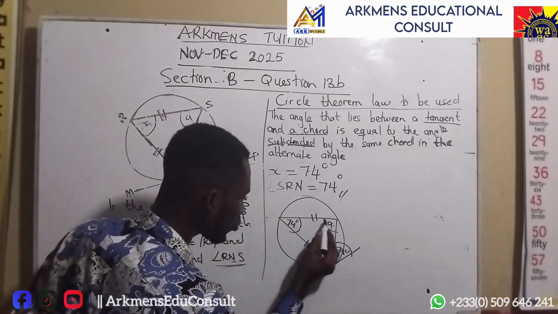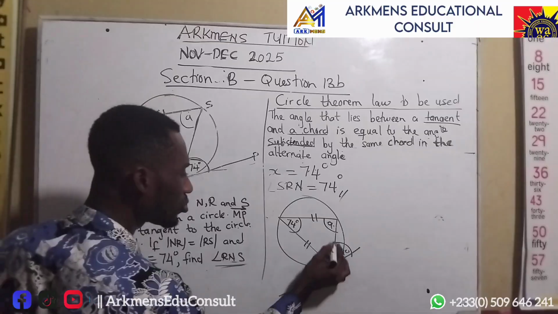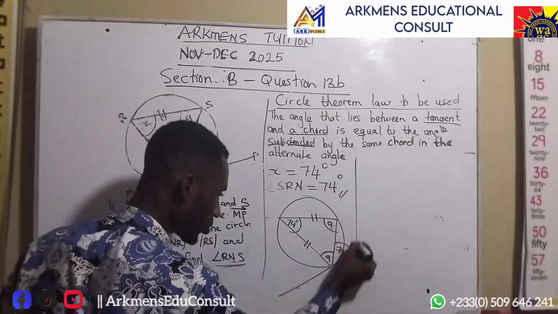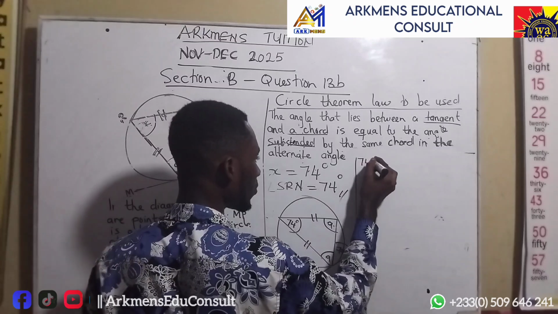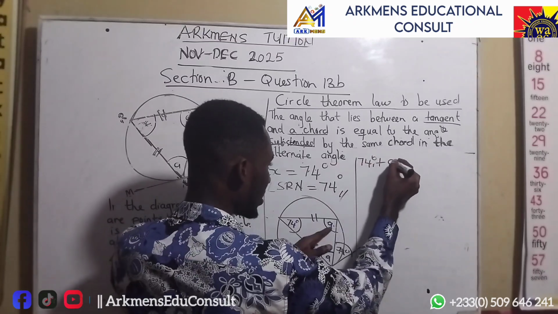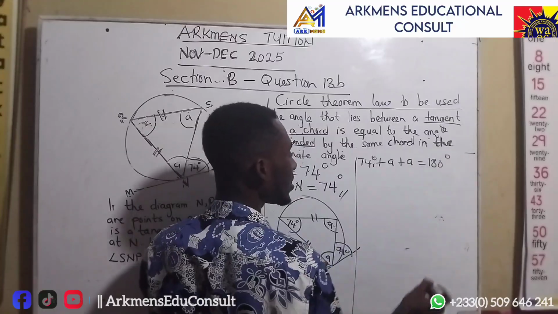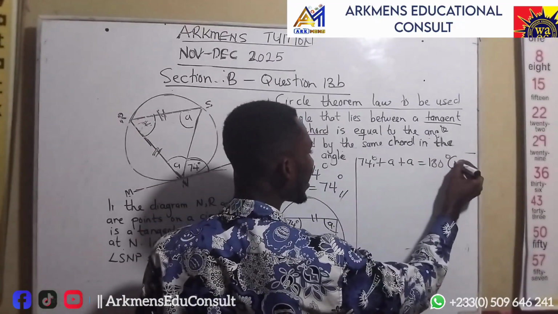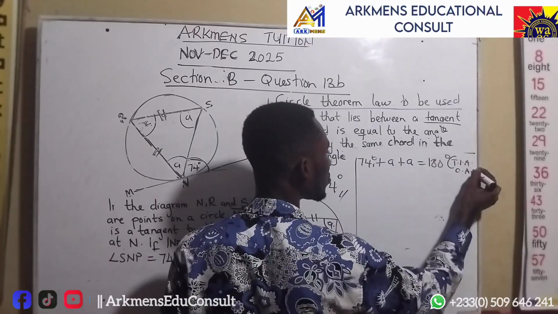And you know this is a triangle, right? And you know that in a triangle, whenever you add the angles, you are going to get 180 degrees. Good. So it's going to be 74 degrees plus A plus another A is equal to 180 degrees, which is that you write total interior angle of a triangle.